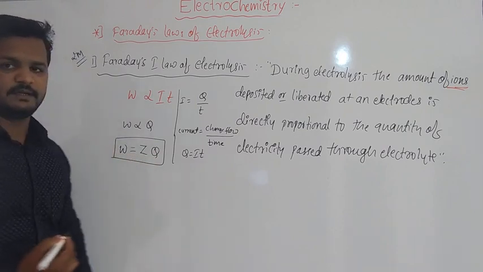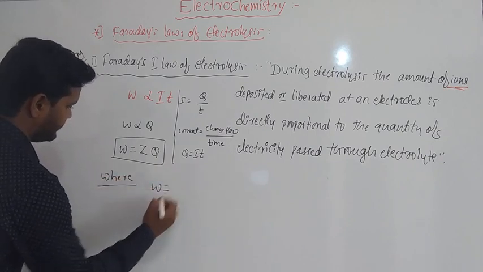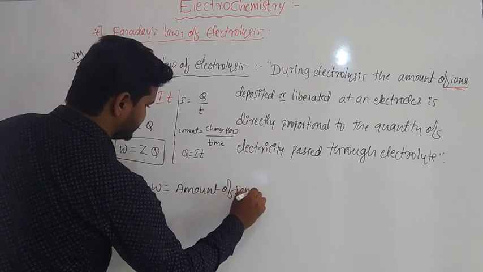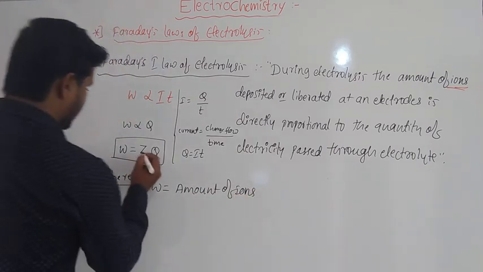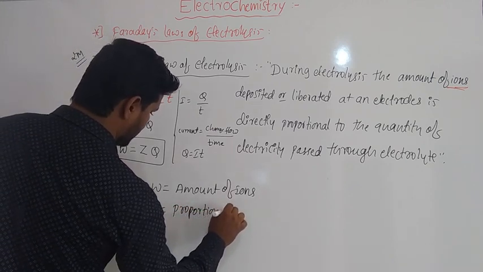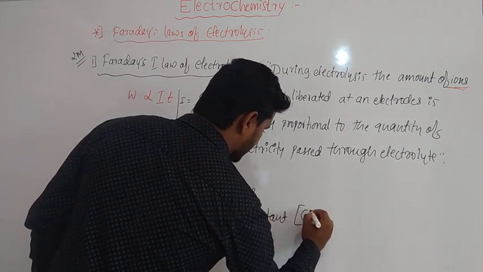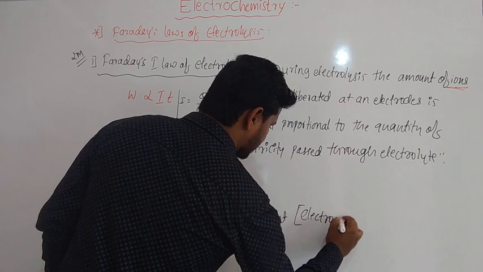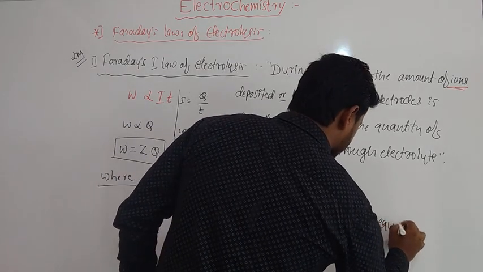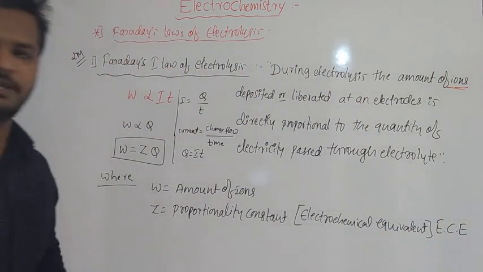Here students, W means the amount of ions deposited or liberated at an electrode, and Z is the proportionality constant, or you can say the electrochemical equivalent, ECE.